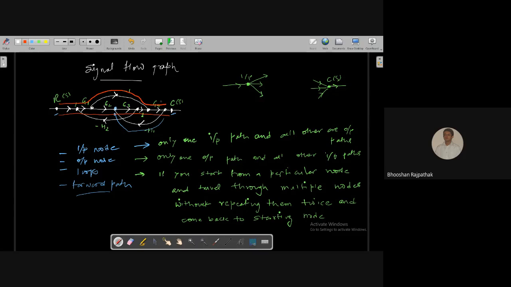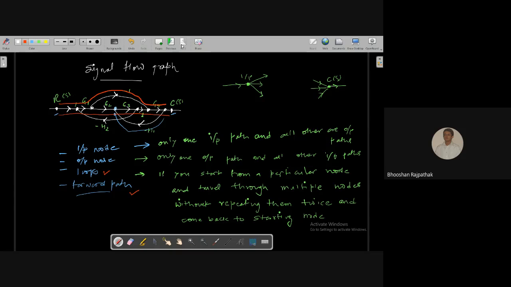So these are the components of signal flow graph: input node, output node, loops, forward paths, and in between are just called nodes. Out of this, loops and forward paths are extremely important to determine the transfer function.